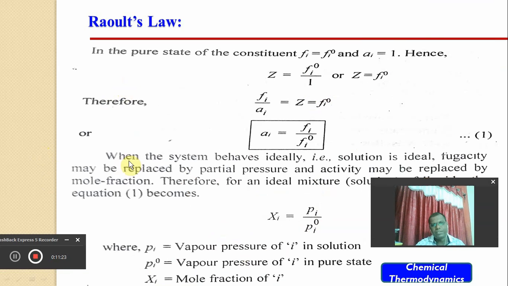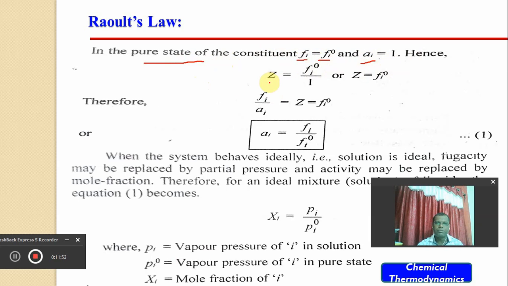Dear friends, here if we consider a particular component in the pure state, for example the ith component in the pure state, then what happens? The fugacity of that component is equal to the standard fugacity of that component, meaning Fi is equal to Fi0, and in that condition the activity becomes unity, meaning the activity is equal to 1.